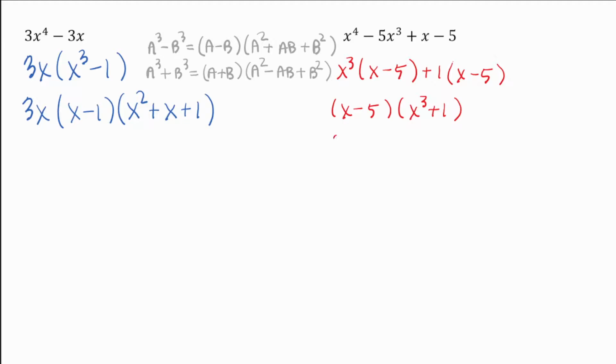Okay, so I'll have x minus 5 times, okay, a is going to be x and b is going to be 1, because 1 to the 3 is 1. So a is x, plus 1 multiplied by a squared would be x squared, minus ab is minus x, plus b squared is plus 1. Okay, and that's a couple of examples of sum and difference of two cubes.